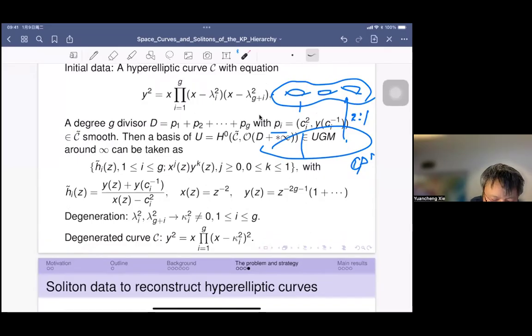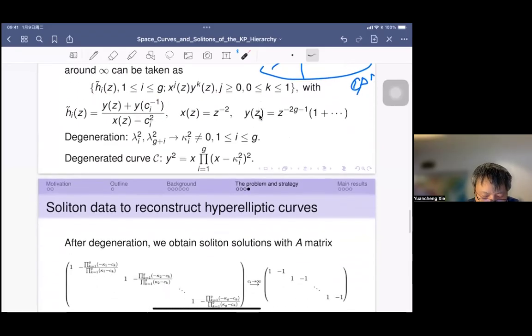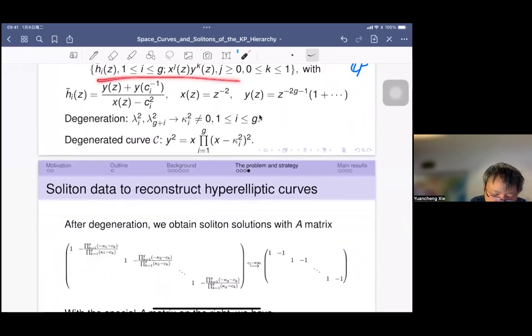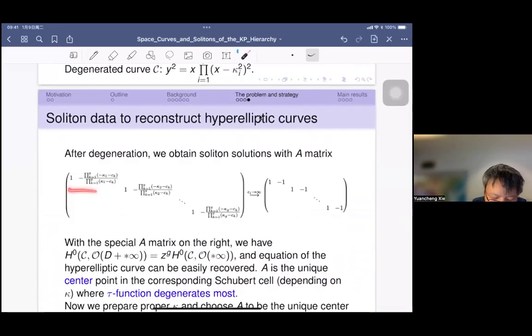Of course, this basis is a point in the universal Grassmannian, so this basis will also degenerate. After we check, with some observation, we see that after the degeneration it will degenerate to this point. So this is 1 and something, 1 something, 1 something. It's still quite complicated, but it gives us the data for soliton solutions.